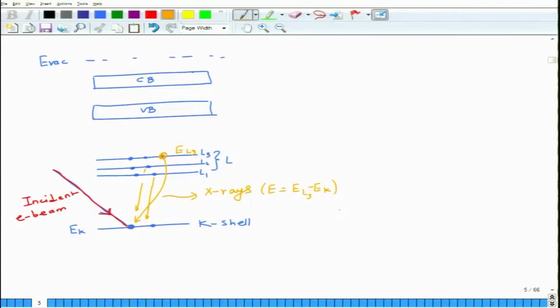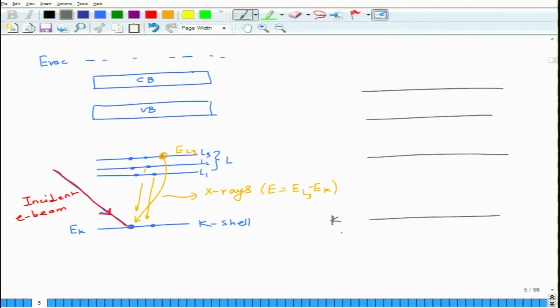So, you can now draw this as the K edge, and then we can have L, then M, and then N. Transition from L to K is referred to as alpha transition.